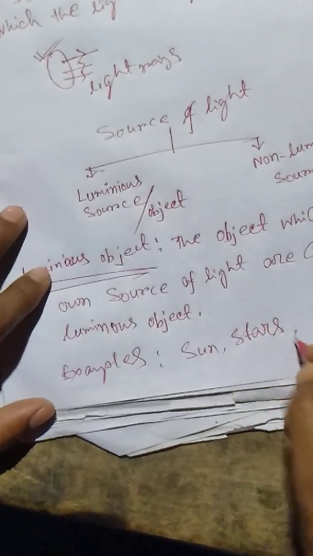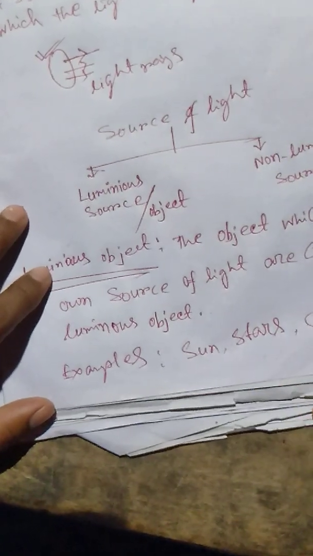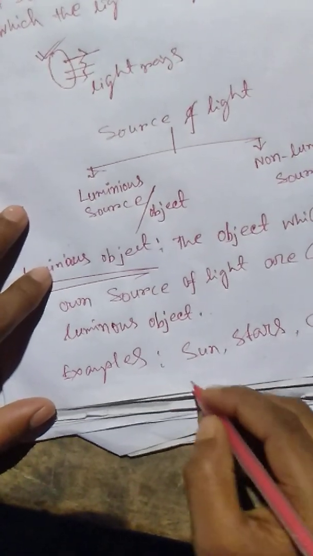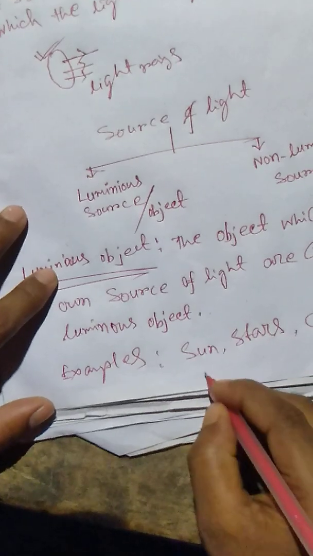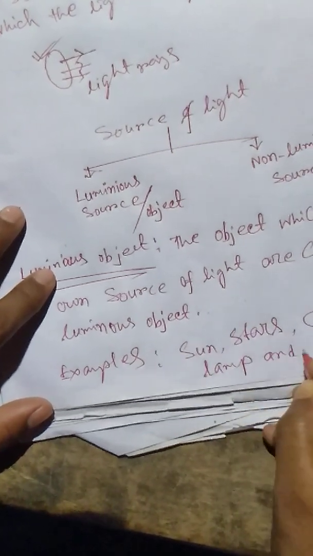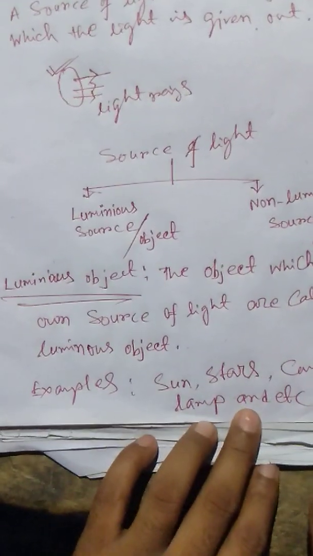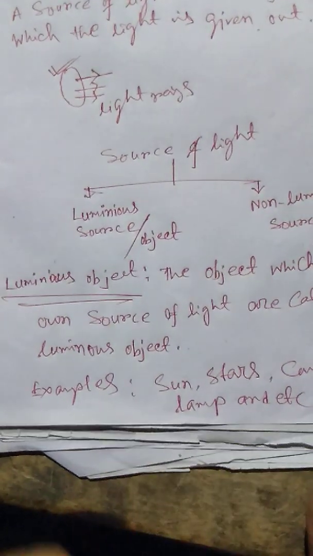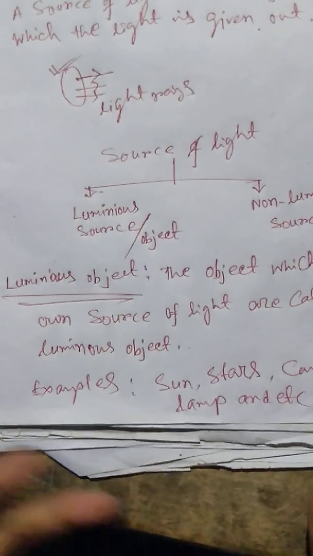Some examples are sun, stars, candle, lamp, and so on. These are all luminous objects.